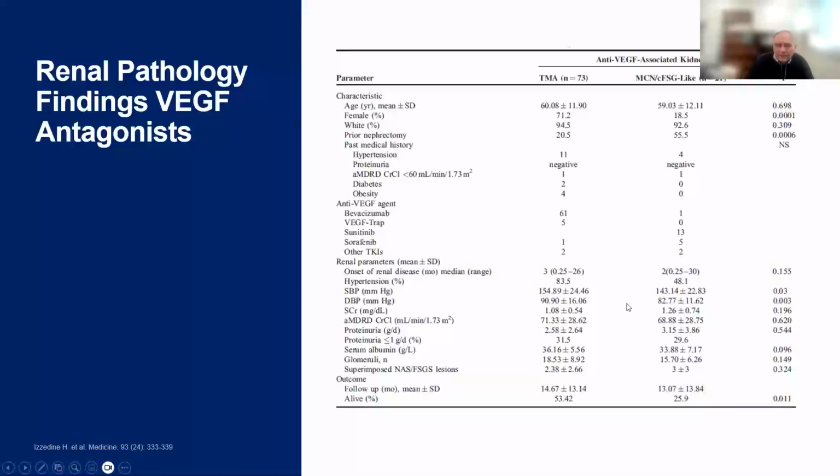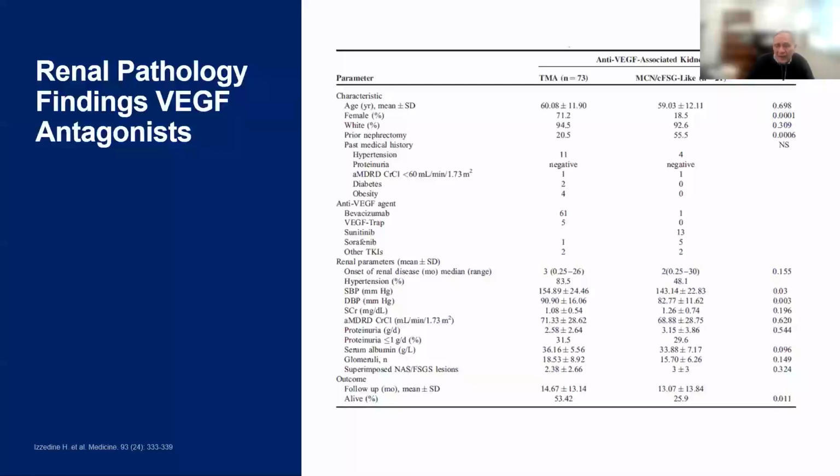Now, one of the things is, what do we do with these patients? It's a challenge, you know what I mean? We want the patients to continue receiving therapy if we can. But sometimes if the proteinuria is very severe or the patient is having significant impairment of kidney function, we can't.